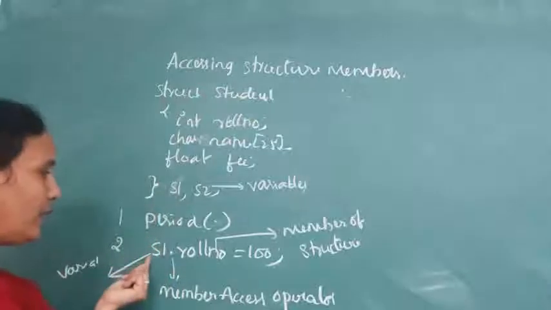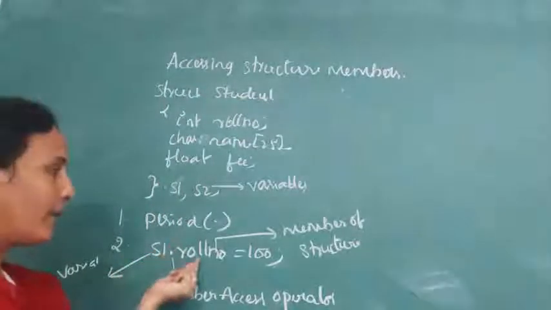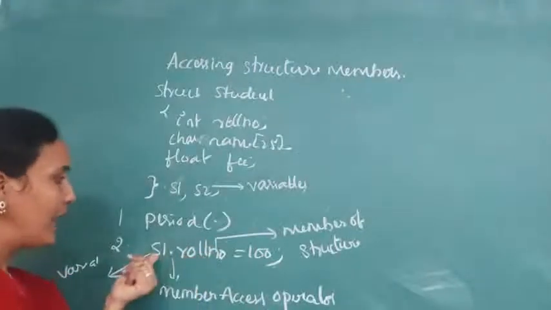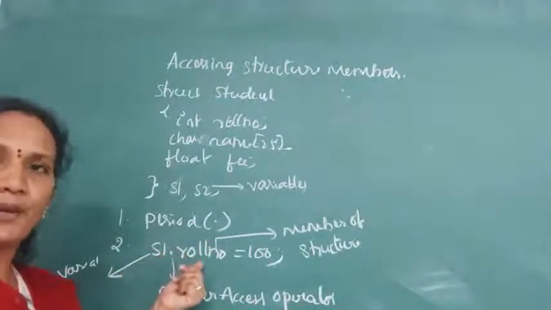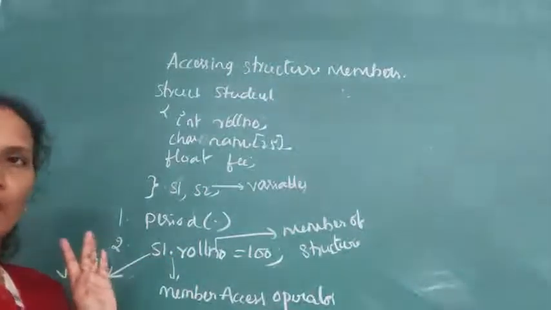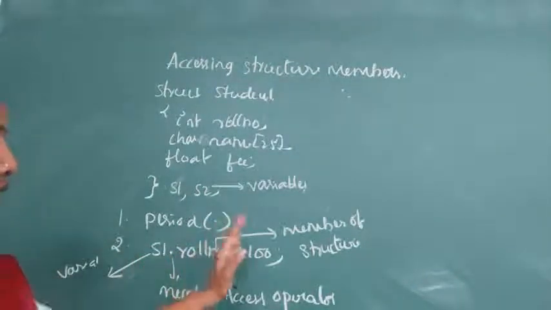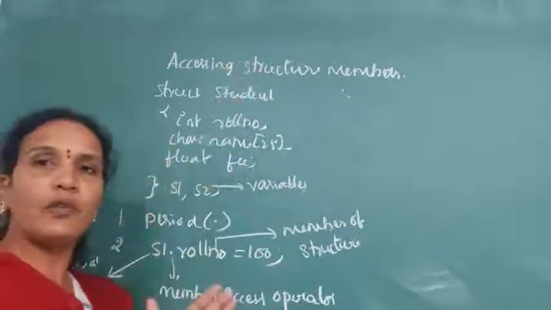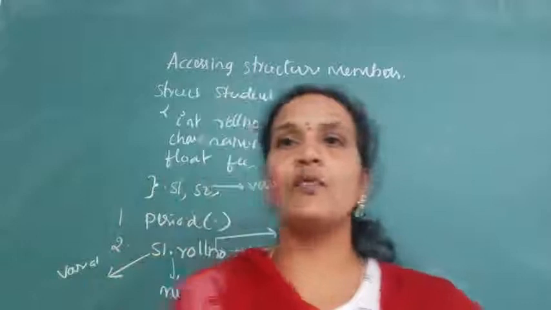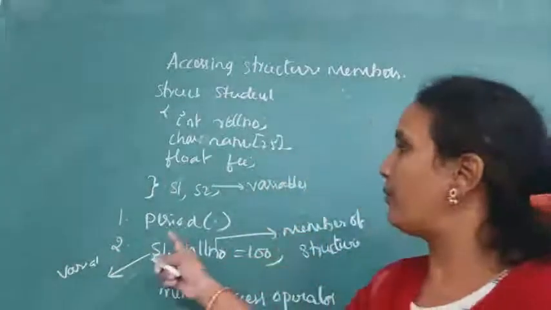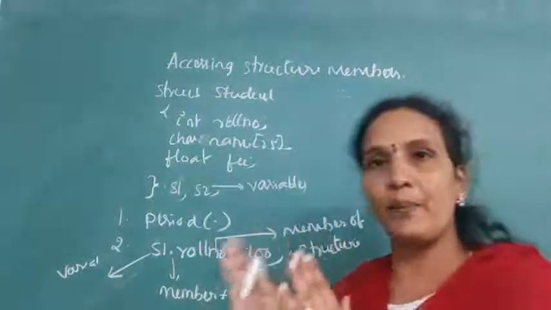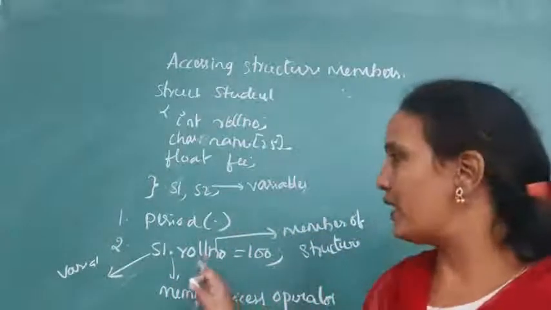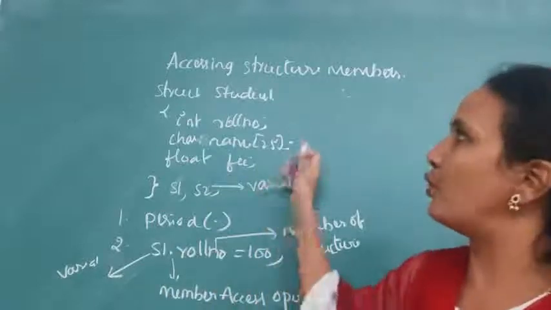So any variable that wants to use a member of any structure, that variable name and member name should be separated by a dot. Okay, so this is actually accessing structure members. Like this we can assign values to all the members.